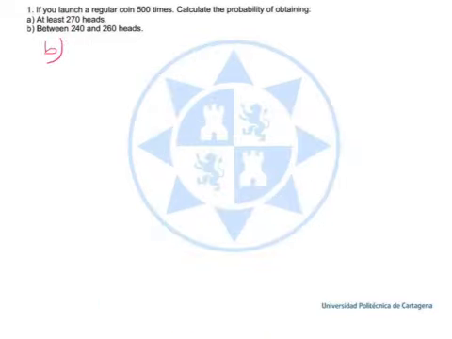Let's continue with part B, where we have to calculate the probability of obtaining between 240 and 260 heads. That is written like this.